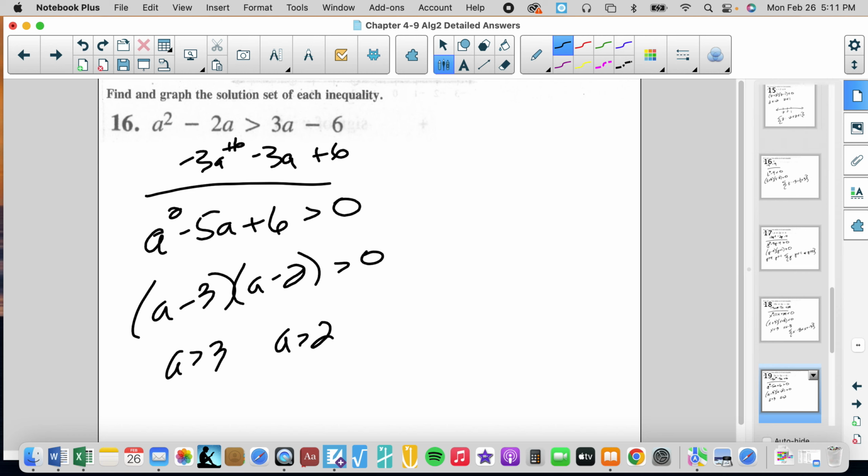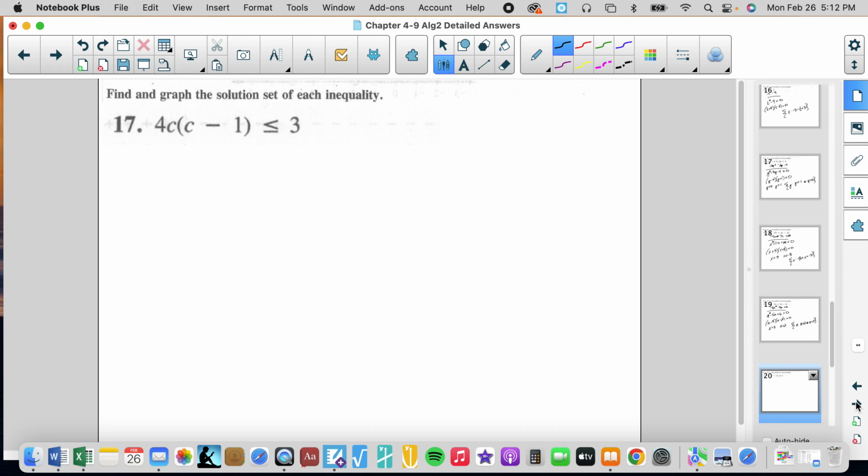It's positive, so the signs have to be the same. So we're going to say a is less than 2, or a is greater than 3. Oh, wouldn't that be nice if I could just rattle that off so easily. Less than 2, greater than 3. Yes.